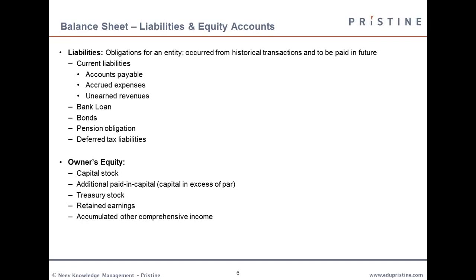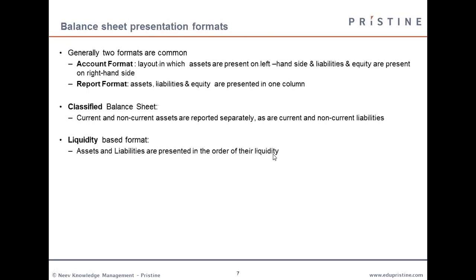The other component is the amount contributed by the shareholders of the company. That includes capital stock, additional paid-in capital, treasury stock, etc. We'll discuss all these terms and what they mean in detail as we proceed forward, so nothing to worry about there.